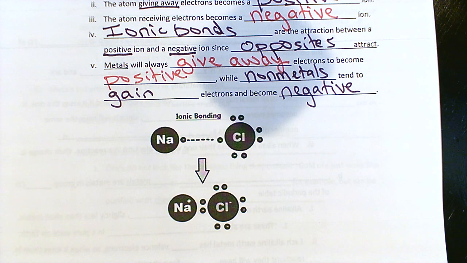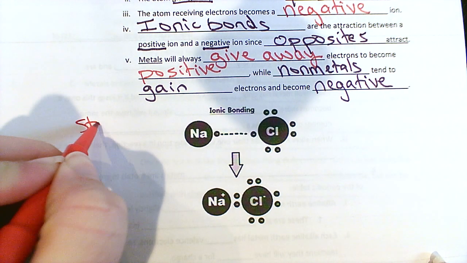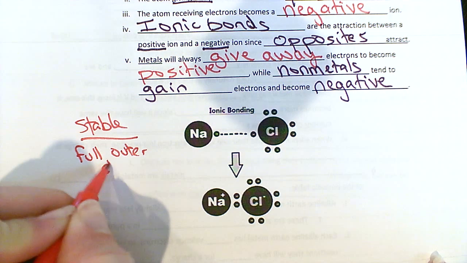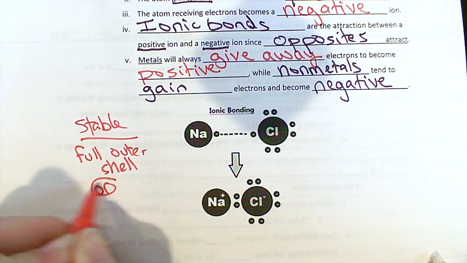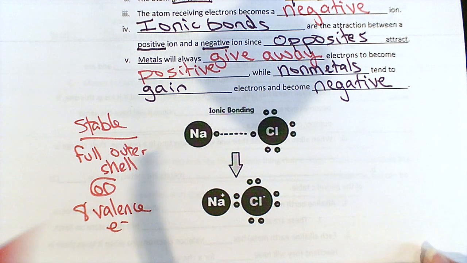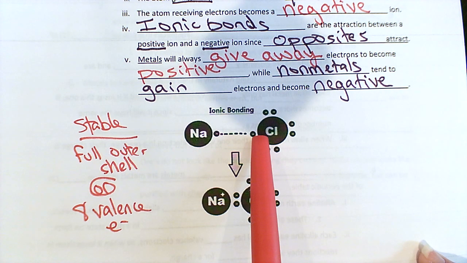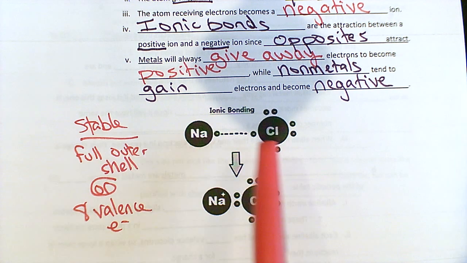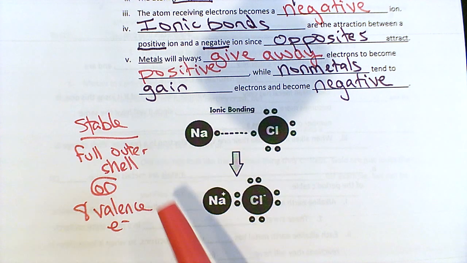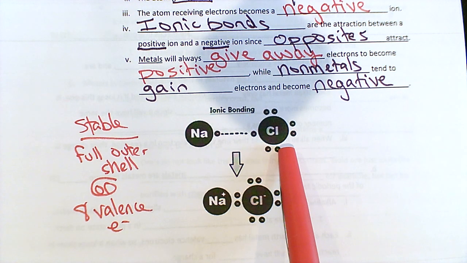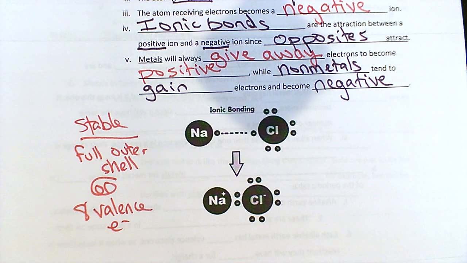We also learned, again in the last chapter, things are stable with either a full outer shell of electrons or 8 valence electrons. So if sodium gives away an electron, its outer shell is now the one inside the one it was before, and it's full. If chlorine has 7 and it gains 1, it will now have 8. So after sodium gives away an electron and chlorine takes it, they are both more stable.